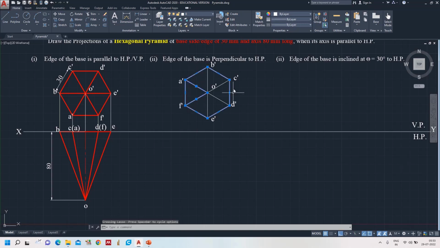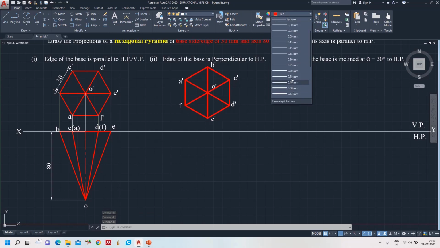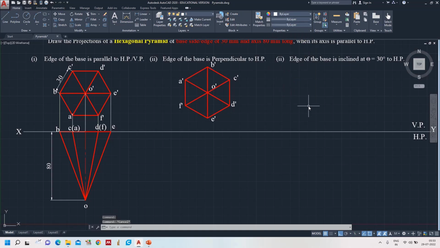When you see from the front, everything is clearly visible, representing with the thick line. Okay, now to draw the top view, just erecting the projectors. And axis height is 80.